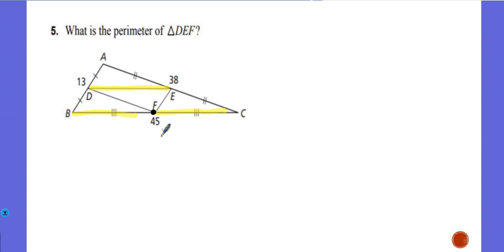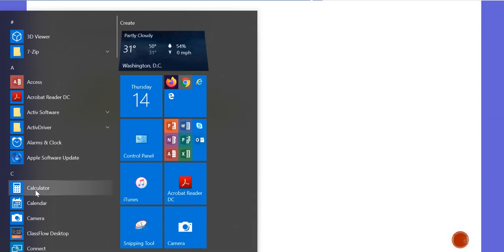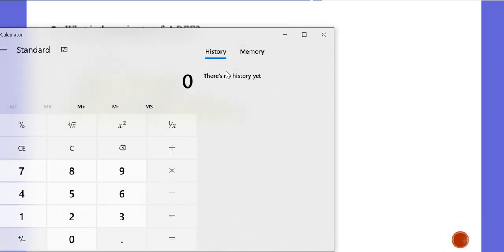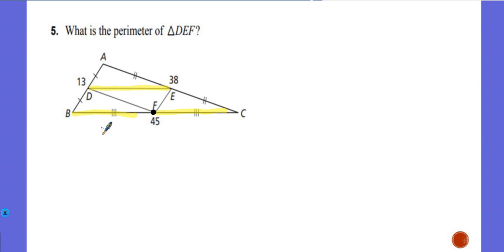So to get these yellow lines, 45 divided by 2 should be, give me a second, let me find a calculator. So we're going to say 45 divided by 2 is 22.5, so that means this is 22.5, this is 22.5, and this other yellow line is 22.5.